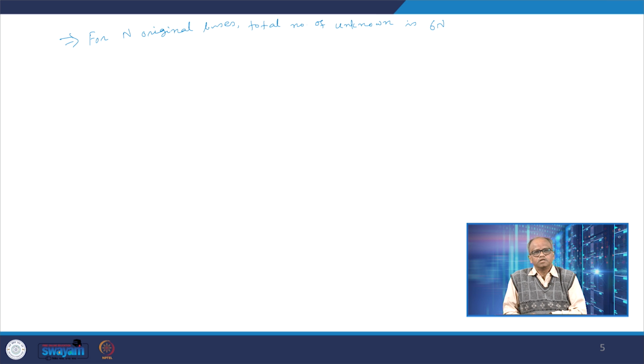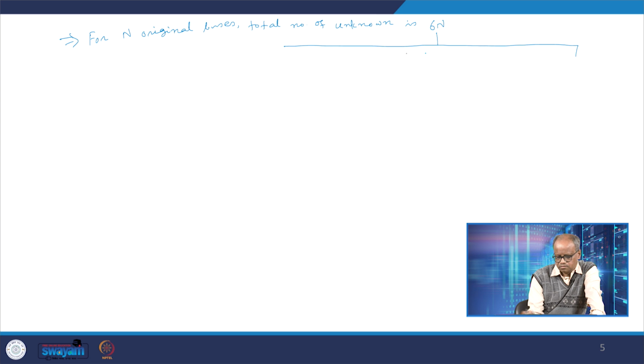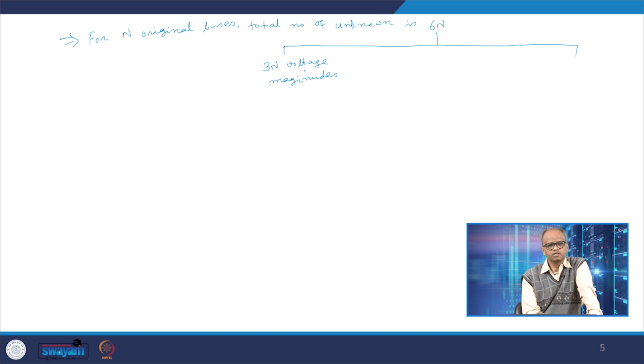Out of this 6n, there are 3n voltage magnitudes. What are these 3n voltage magnitudes? These are nothing but the voltage magnitude at every bus corresponding to every phase.